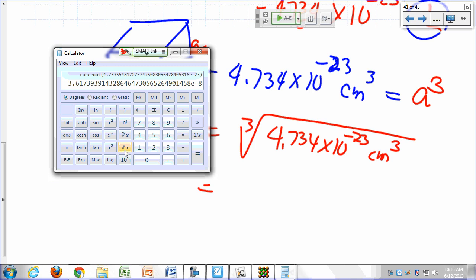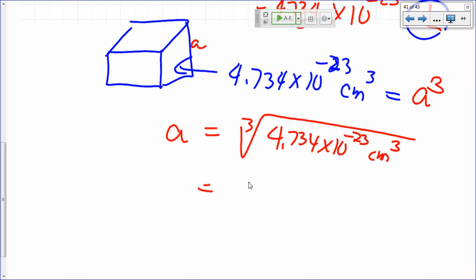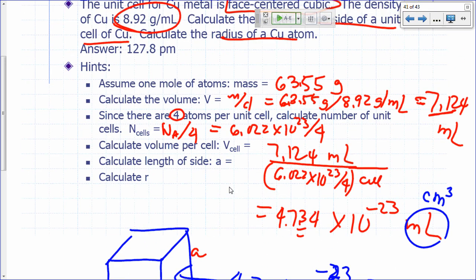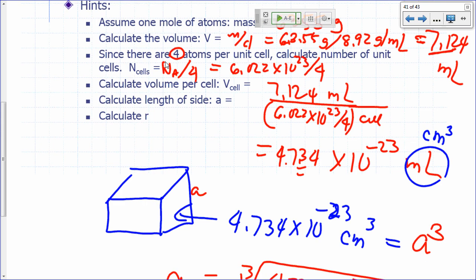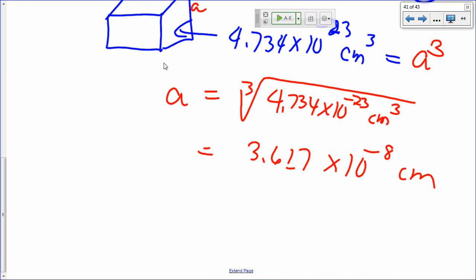That's 3.62617 times 10 to the negative 8, 3 sig figs, centimeters. Okay? Is that what we got? I don't have that answer up there, but I have the final answer is 127.8 picometers is the radius. Okay, so that's the length of the side of a cube.